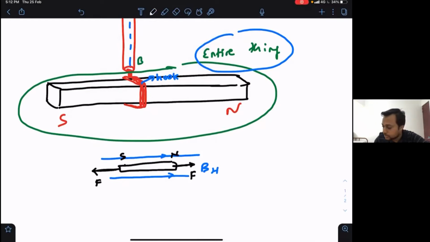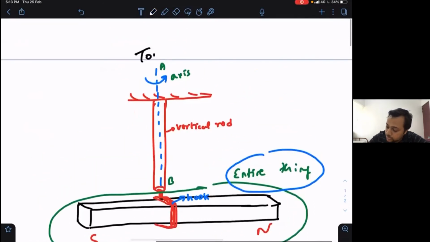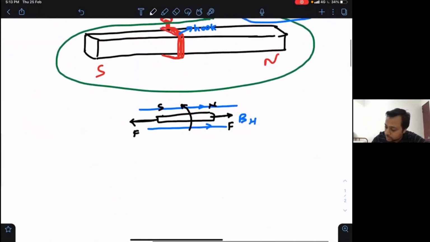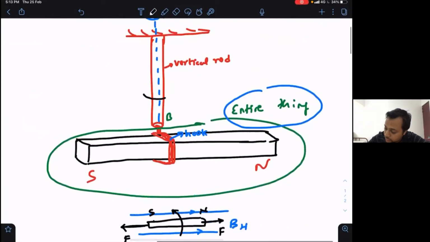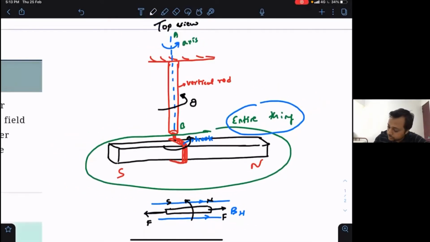Now, what if we rotate this magnet by some angle theta anticlockwise? So let us see the top view. After tilting by angle theta, with respect to this axis, we are rotating the magnet.